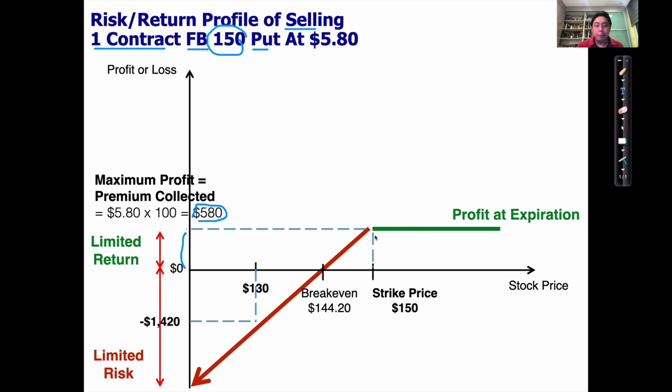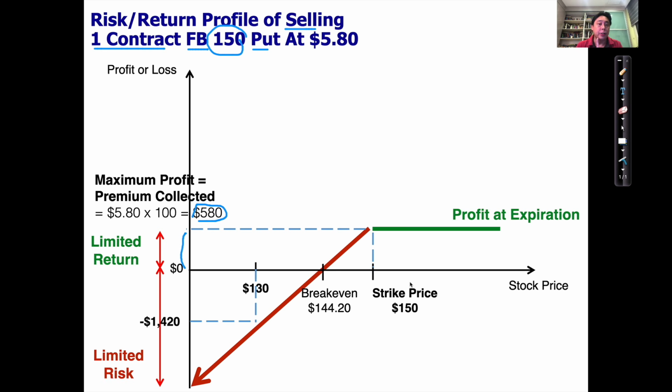So after you sell the put, if again the stock price remains at 150 or the stock price goes up, what happens? The put will be worth less and less and less. Eventually the put will expire worthless and you're no longer obligated to buy the shares anymore, and you will get to just keep that premium. Remember, when you sell a put, you are obligated to buy the shares at the strike price.